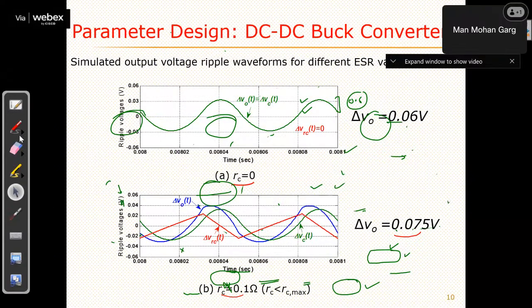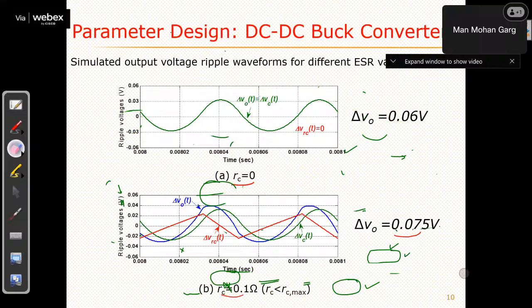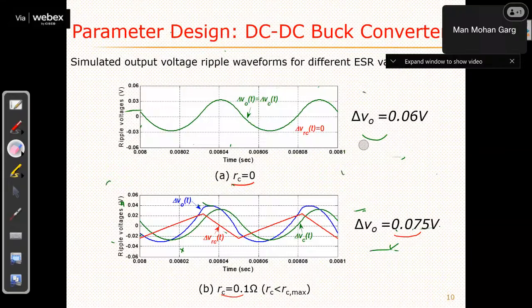Similarly, if you see now we are using a capacitor of 50 microfarad for this purpose. Our output voltage requirement is 12 volt. 1% ripple we allowed, so that is 0.12 volt, that is equal to 120 millivolt, right?